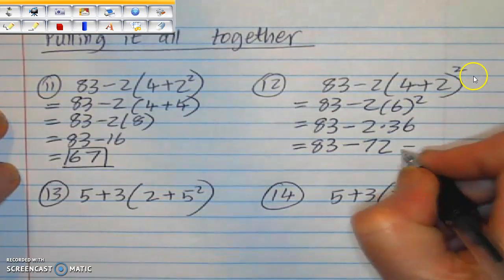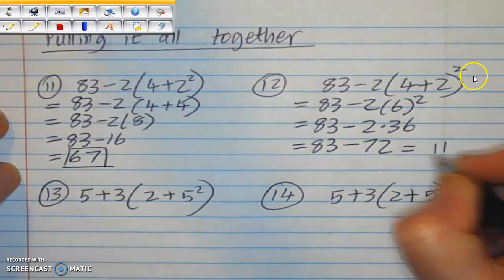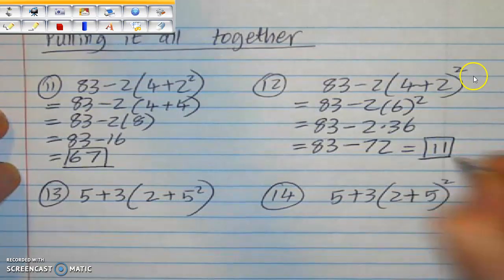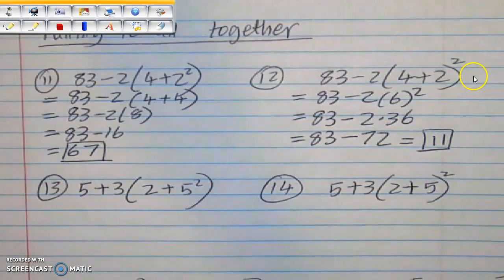And then at the very end, I do the subtraction. Take 72 from 83, I believe, is 11. And again, those problems were very similar. The main difference was where the squaring was. And we have another set of problems just like those for number 13 and 14. So I'd like you to try 13 and 14. I'm going to pause.